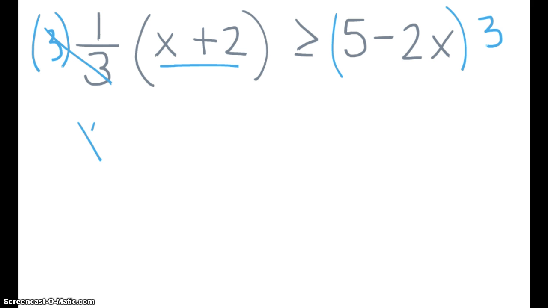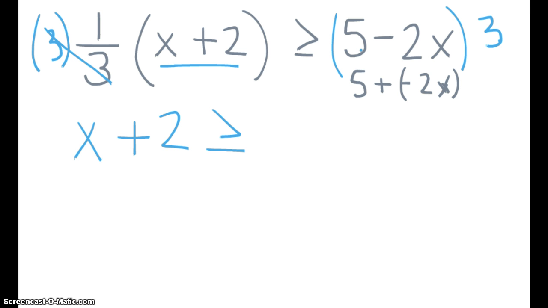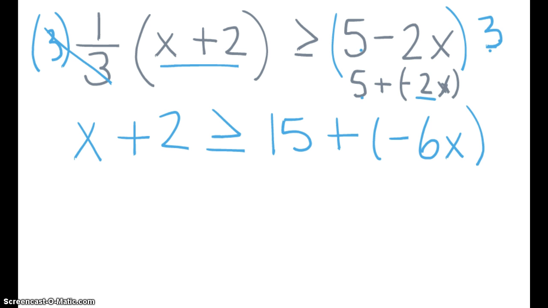So I'm left with x plus 2 is greater than or equal to 3 times, you know what, let me rewrite just this part as 5 plus negative 2x. Alright, so now I have to distribute my 3 to my 5, and that is 15 plus 3 times negative 2x is negative 6x.